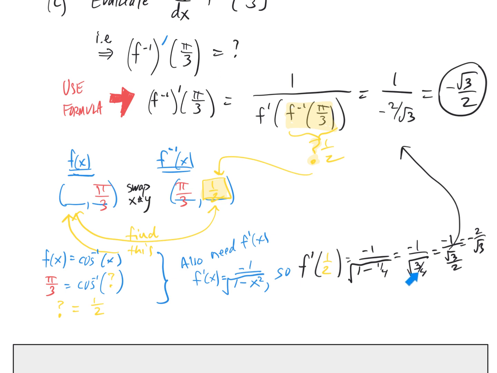The square root of 3/4 is the square root of 3 over the square root of 4. And this is negative. 1 divided by this fraction is its reciprocal. So we have -2 over root 3. F prime of 1/2 is -2 over root 3. And then again, when we do 1 divided by that, it'll be the reciprocal. And there is our final answer. I hope this helps. This was number 5.